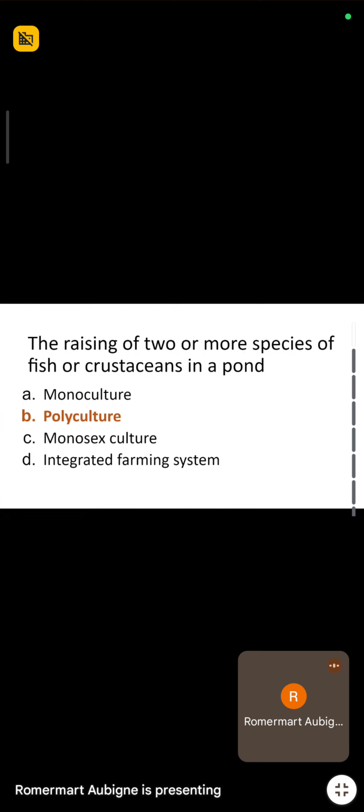So integrated farming system naman, iba-iba yung meron dun sa farm. Hindi lang aquaculture or fish farming, meron din tayong livestock, meron din tayong vegetables. So that's the integrated farming system.